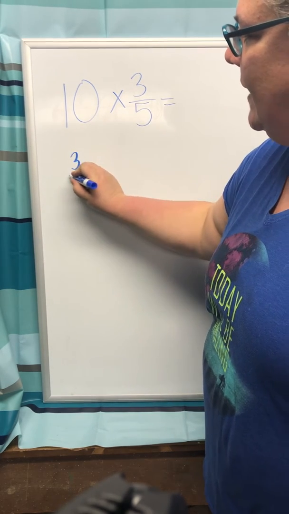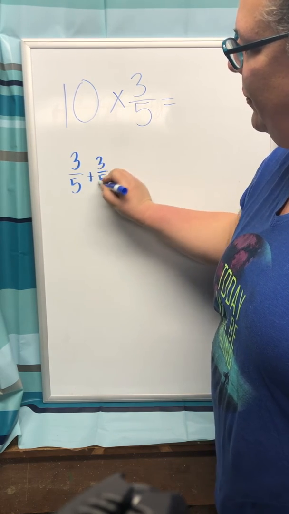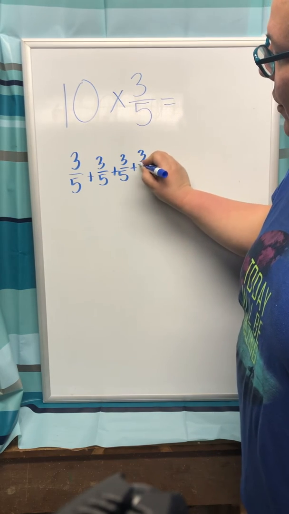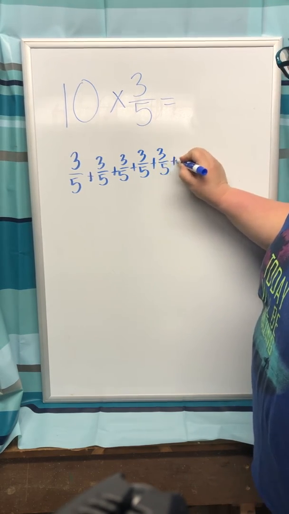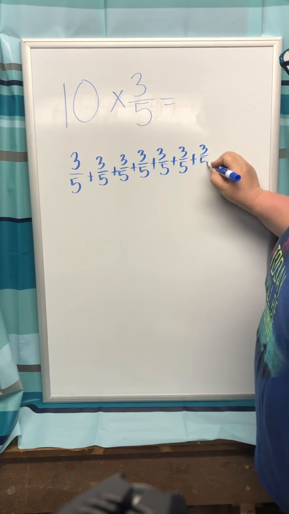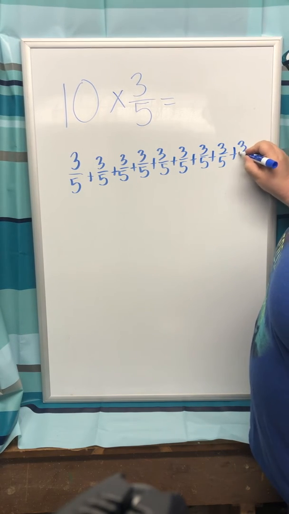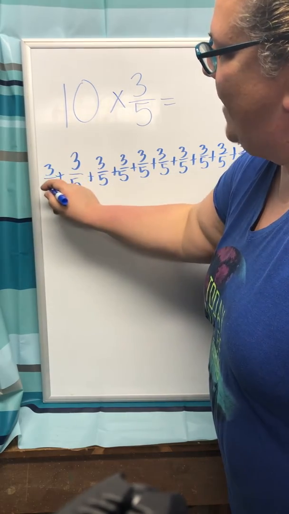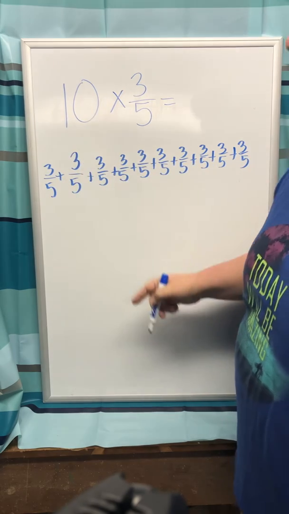So it's going to look like this. 1, 2, 3, 4, 5, 6, 7, 8, 9, and I'll squeeze one more in over here, 10. So I have 3/5 10 times.